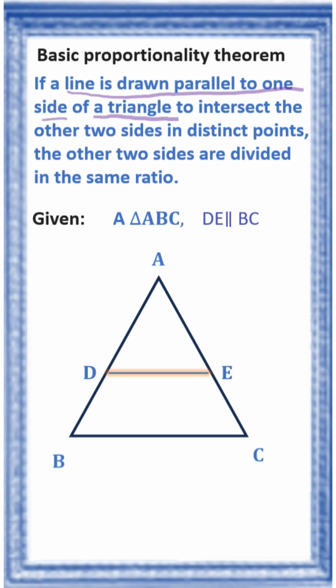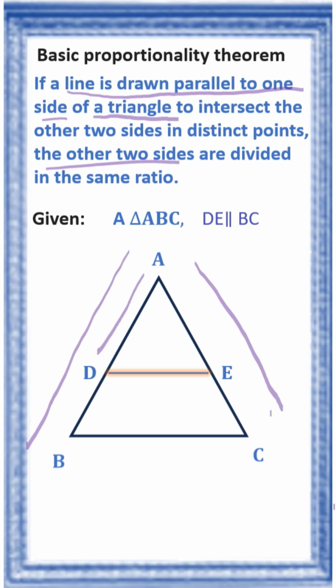What is to prove? The other two sides, meaning AB and AC, are divided in the same ratio, meaning AD by DB. So to prove AD by DB is equal to AE by EC.